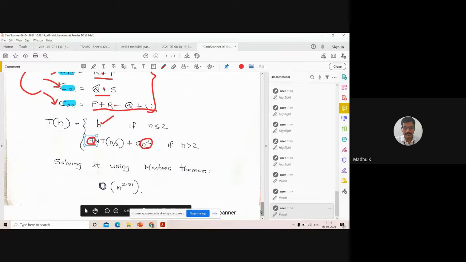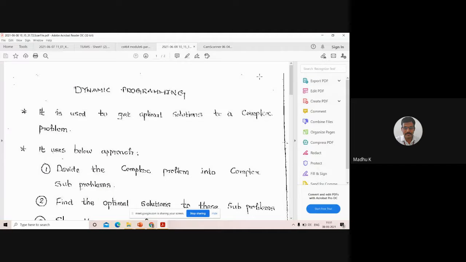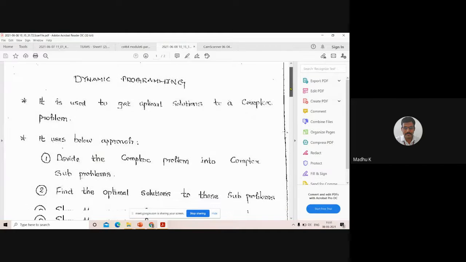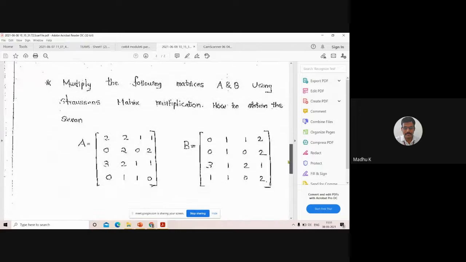You can apply the master theorem for solving this problem. Then you will get this result, which is slightly lower than n cube. So this is about Strassen's matrix multiplication. You can expect this type of question from this section.